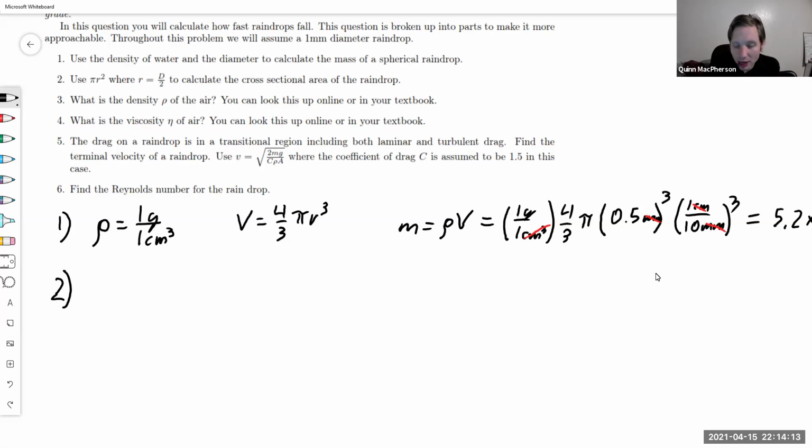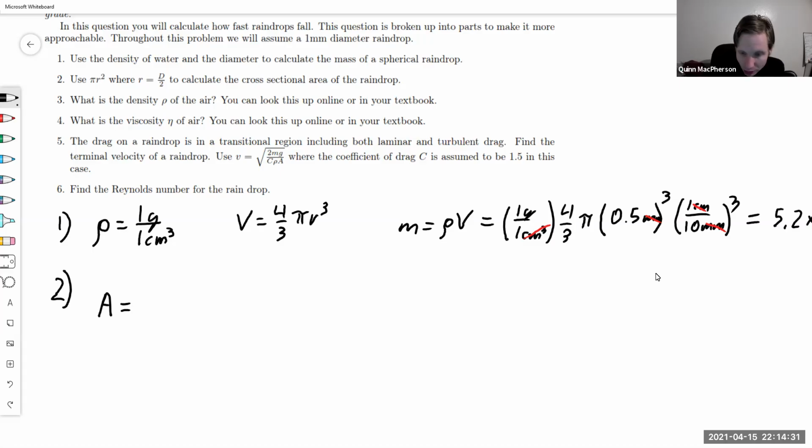Now question number 2. Use pi r squared to calculate the cross-sectional area of the raindrop. Why do we want to calculate the cross-sectional area? Well, drag is going to depend on the cross-sectional area. If it's a bigger cross-sectional area, it's pushing more air out of the way and has more drag. So it's important.